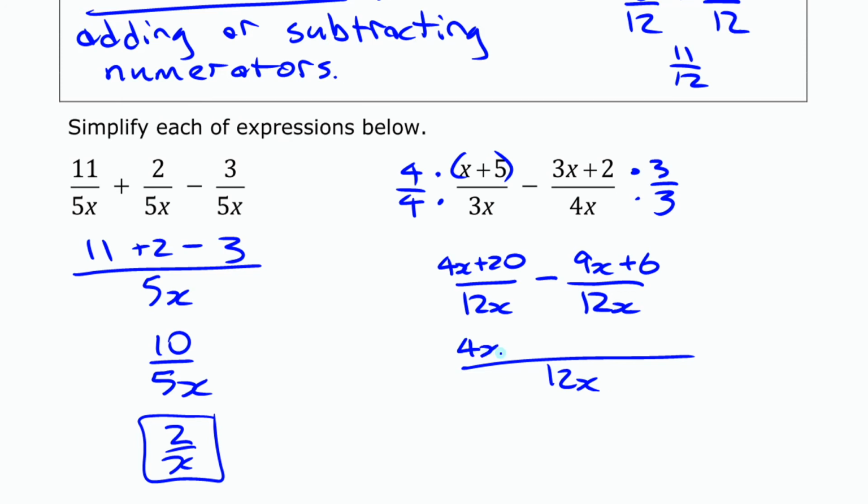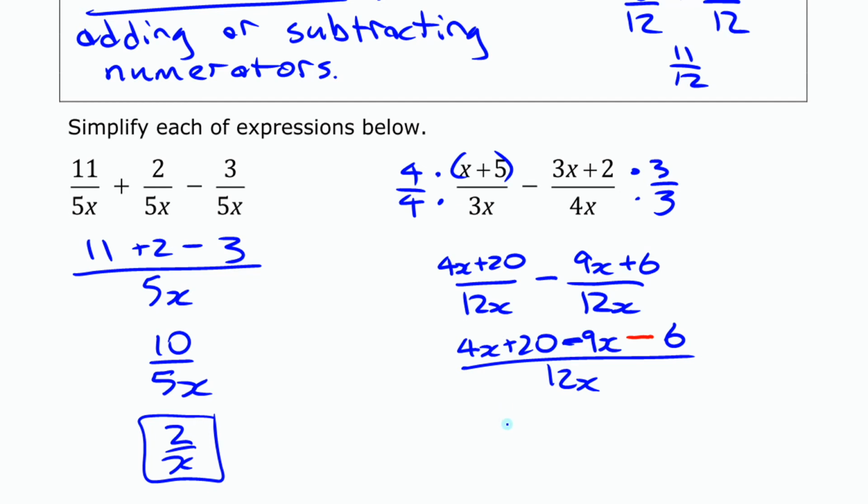I have 4x plus 20 minus 9x, and I'm actually going to write this as minus 6, because it's important to realize that this is minus this entire expression. So it's minus 9x, that 9x is positive, and minus positive 6. These are both positive here. Since you're subtracting them, they're both negative when you write them in your expression.